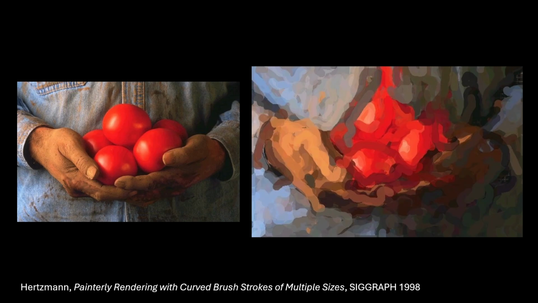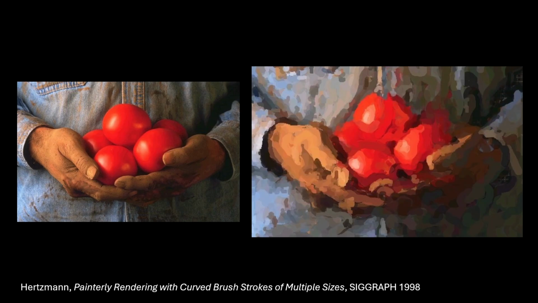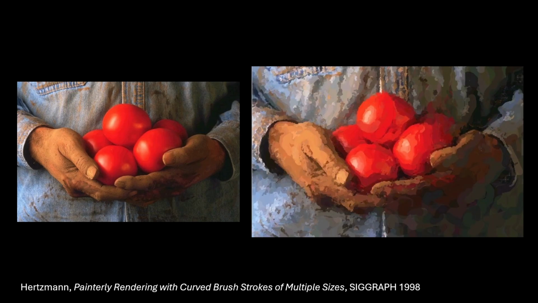And so one of his early algorithms was taking a photograph and then laying down broad strokes of paint, long, thick paint strokes, followed by slightly thinner and shorter paint strokes, followed by even shorter and smaller paint strokes to make something that approximated what a painted version of the photograph might look like, right?